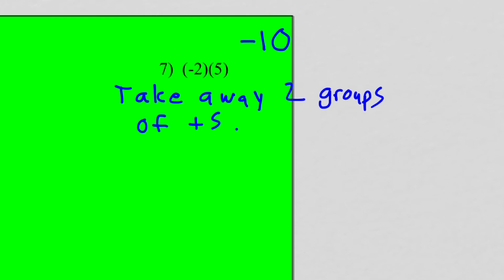Okay? So, my first thought is to do this. Make a group of positive 5. But that's adding positive 5. I want to take it away. So the way I make positive 5 appear without actually having positive 5 there is 0 pairs. And I've got to do that twice.